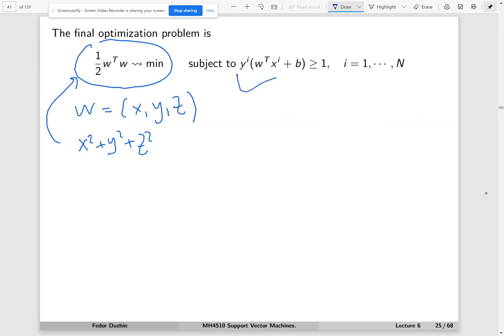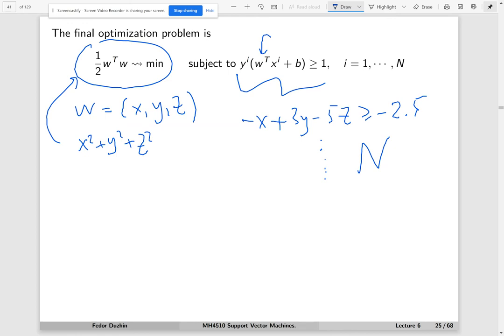And this part is linear in w, because w only appears here, so this is going to be some linear inequality on w, something like minus x plus 3y minus 5z is bigger than minus 22.5. There will be several of these. Strictly speaking, there are going to be n inequalities like this.